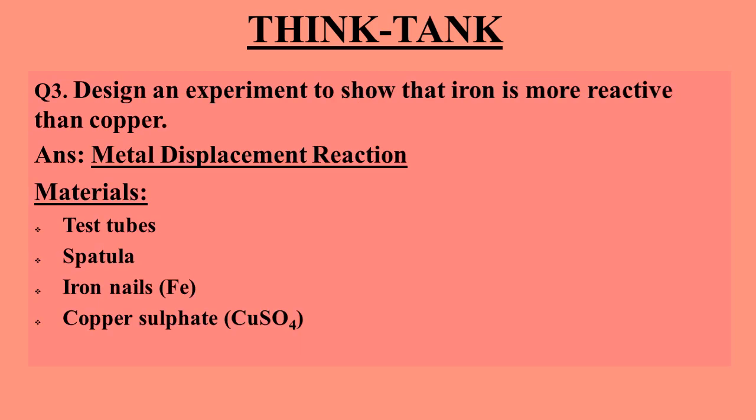Now I am going to tell you the answer of question number 3 from the think tank. Design an experiment to show that iron is more reactive than copper. This is a metal displacement reaction in which the iron metal displaces the copper metal. The material required for this experiment is test tubes, a spatula, which is a spoon-like object, iron nails, and copper sulfate.